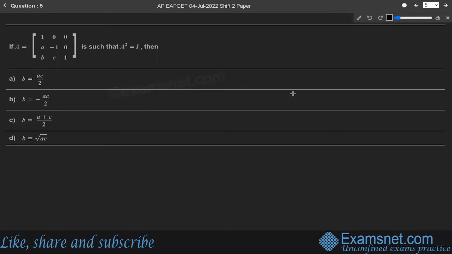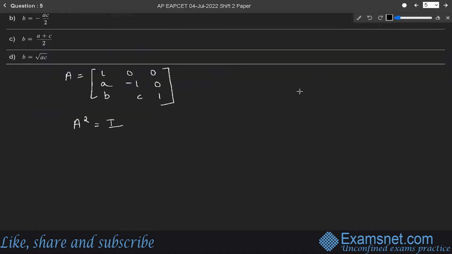Next question is, if matrix A is equal to [1, 0, 0; a minus 1, 0, 0; b, c, 1] such that A square is equal to I. It is given that A square is equal to I. Then we have to find which of the following options are correct according to the given matrix. We know that A square can be written as A into A, and we know that I is an identity matrix.